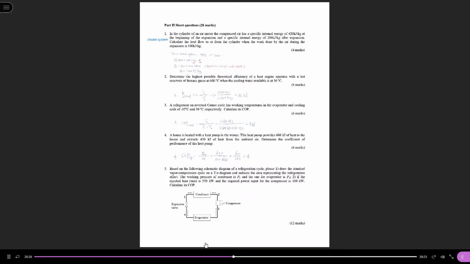If the result is negative, with a minus, then it means heat rejection for the system. Then, similar to the multiple choice questions, for the thermal efficiency of a forward heat engine, please be careful that we have to use absolute temperature.